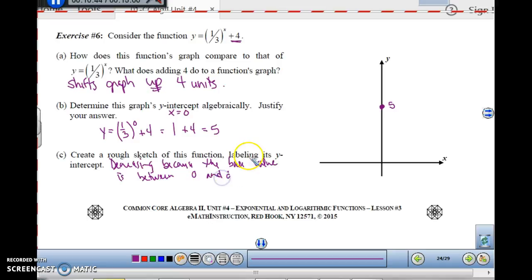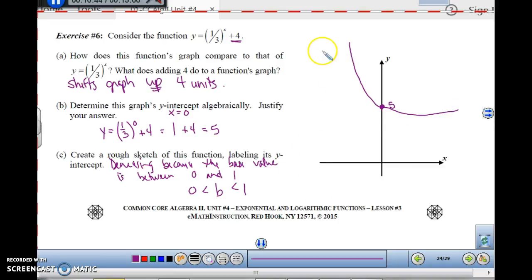So basically a fraction, well, I should say not necessarily a fraction, but less than 1. So your base is between 0 and 1. That means it's going to be decreasing, so it's got to look kind of like that. It's got to be decreasing.